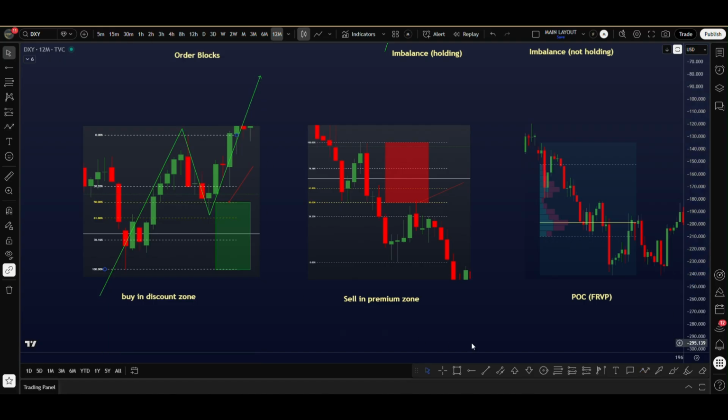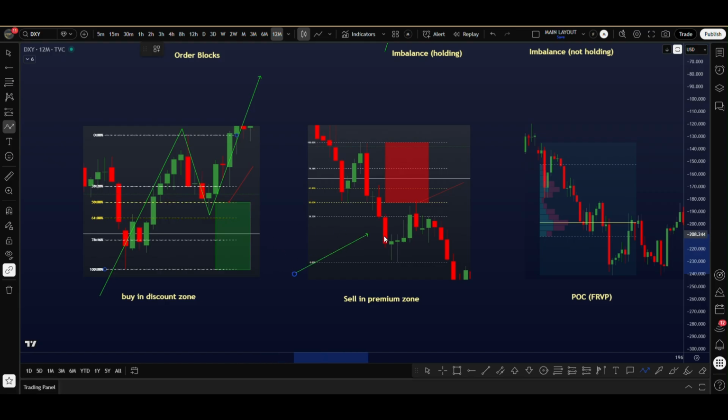You can use your Fibonacci retracement. We take the low to the high, so you can see the zone below the 50% will be the discount zone. We want most of the time to buy in this discount zone because the price is cheap. We need to buy low.